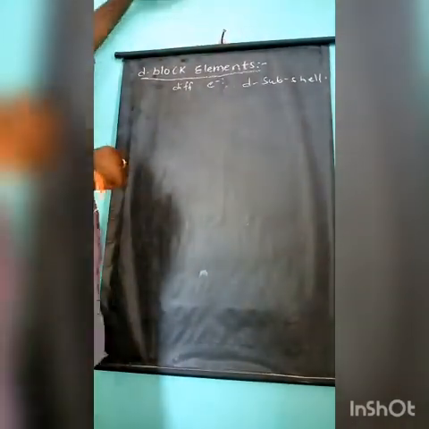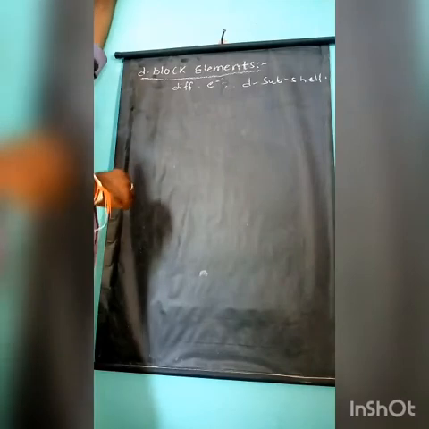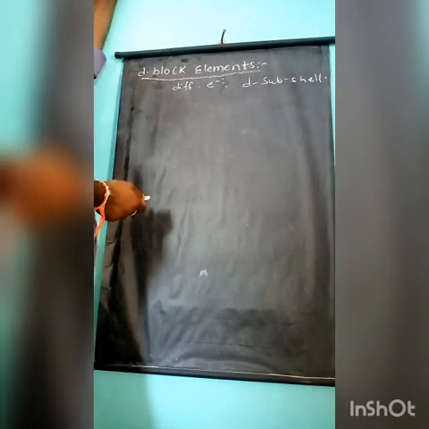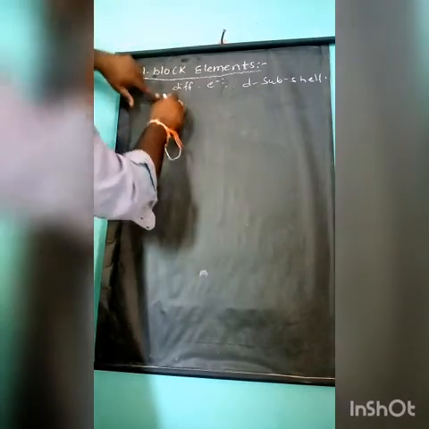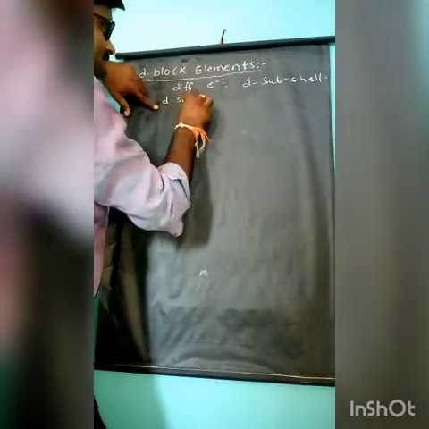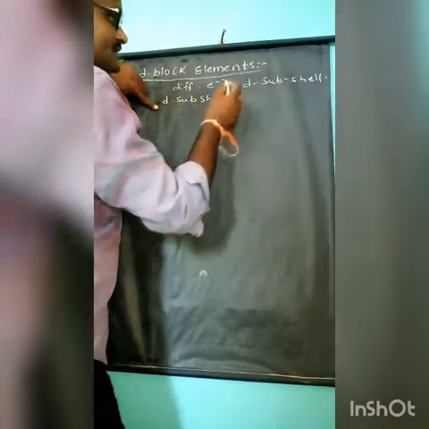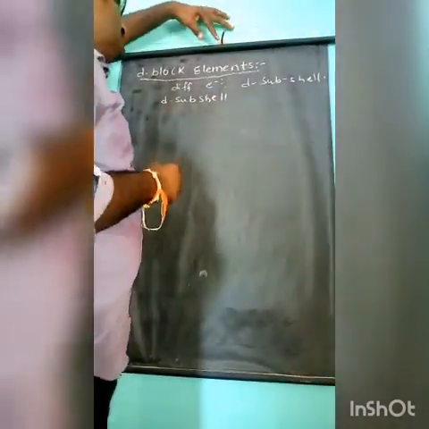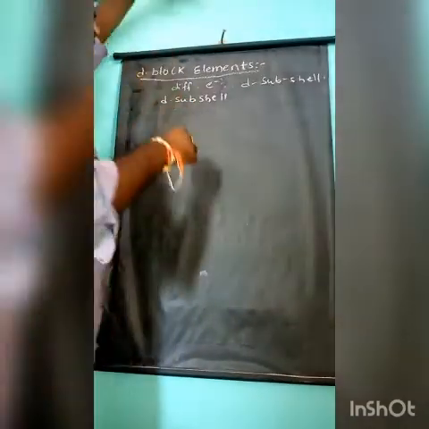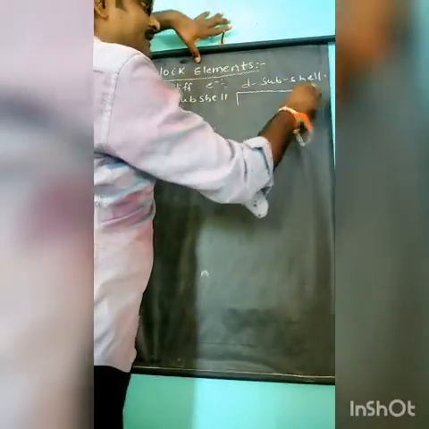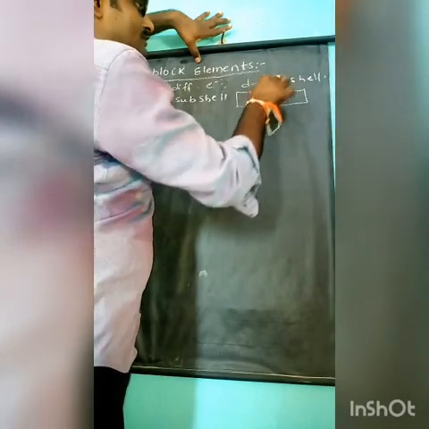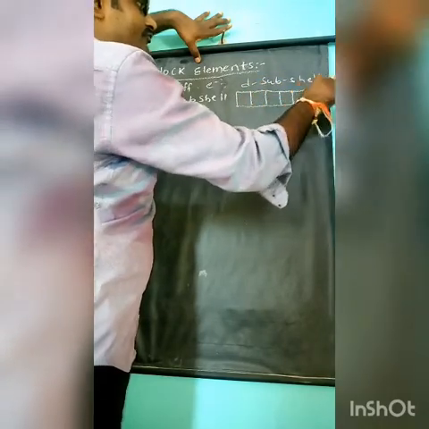How many groups do these d block elements contain? The d subshell accommodates a total of 10 electrons, because it contains 5 orbitals: 1, 2, 3, 4, 5.